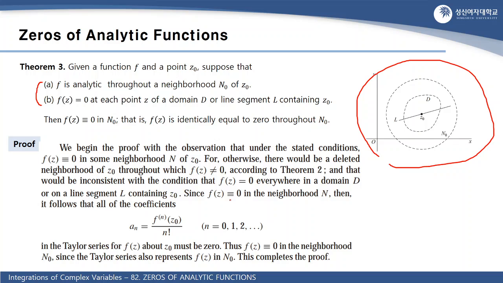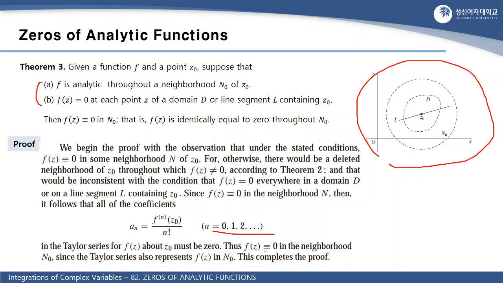Since f(z) is equal to 0 in the neighborhood N, it follows that all of the coefficients aₙ, which is equal to the nth derivative of f at z₀ divided by n factorial, where n is 0, 1, 2, and so on, the non-negative integers, in the Taylor series for f(z) about z₀ must be 0.